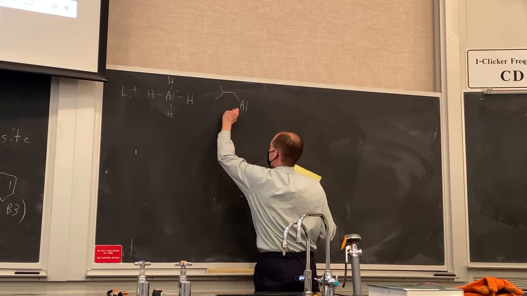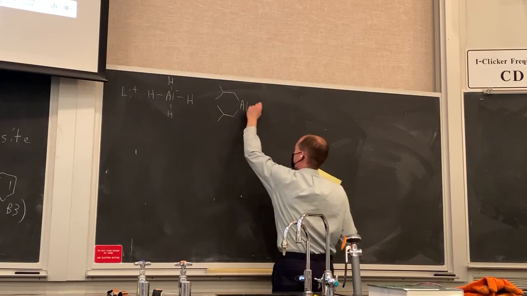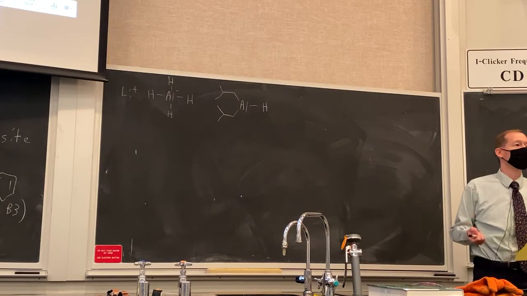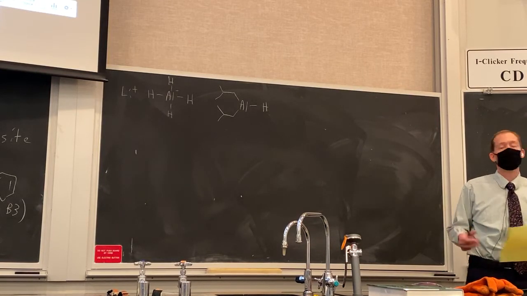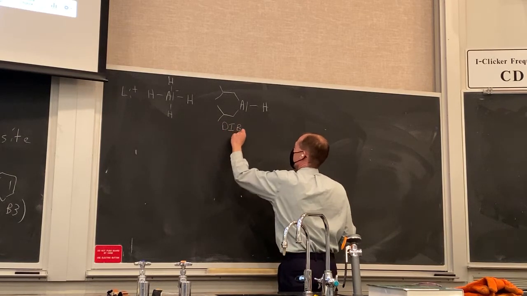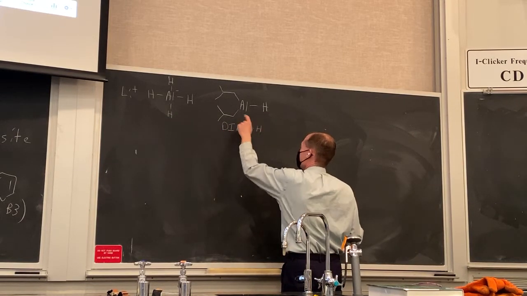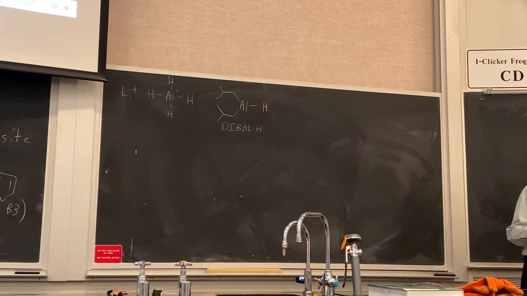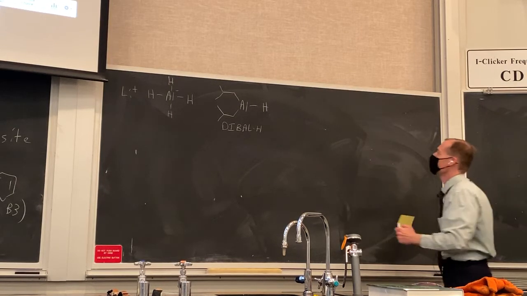So these other reducing agents are aluminum-based, okay? This one is referred to as diisobutyl aluminum hydride. It's abbreviated as DIBAL. Note that this is a neutral aluminum compound, but that aluminum hydrogen bond is still polarized towards the hydrogen, so we do have a partial negative charge on this hydrogen.